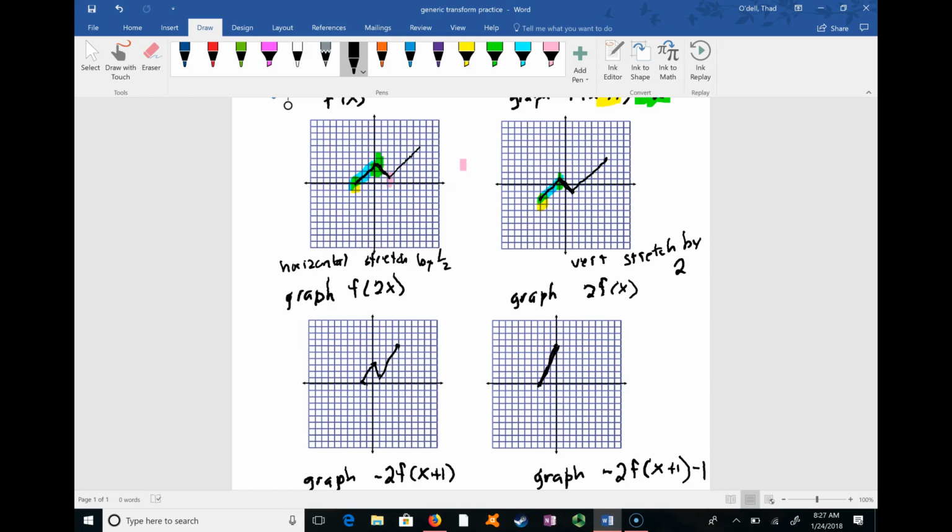The point that was 1 above is now going to be 2 above, but the x value doesn't change. So that produces that. And the point that was 7 above is going to go off the charts, isn't it? So 1, 2, 3, 4, 5, 6, 7, 8, 9, 10, 11, 12, 13, 14.